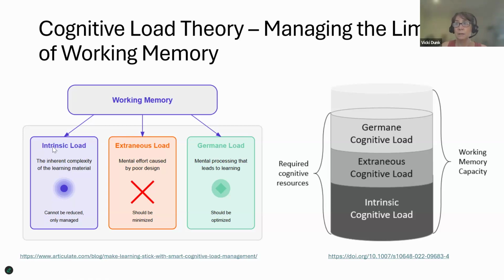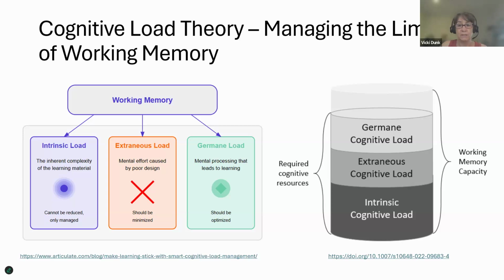The purple one is intrinsic load. So that's the natural complexity of the subject itself. So, for example, adding fractions is intrinsically harder than adding whole numbers. Okay, so we can't remove the difficulty of that task, that knowledge.